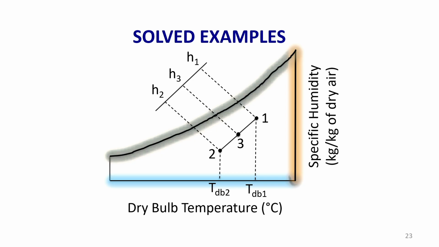We have seen 8 processes: sensible heating, sensible cooling, humidification, dehumidification, sensible heating and humidification, sensible cooling and dehumidification, evaporative cooling and chemical dehumidification. And this is the 9th process.